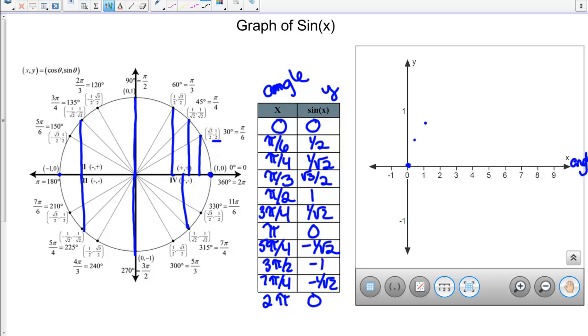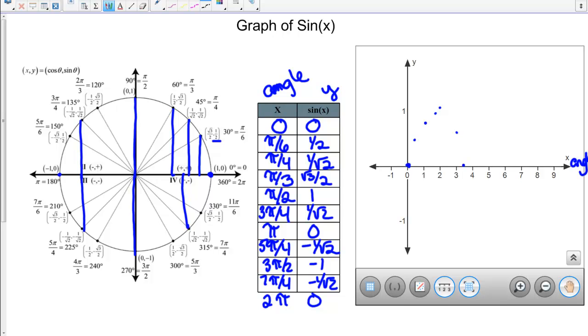At pi over 3, we have square root of 3 over 2. At pi over 2, we have 1. And then we're going to start going down. At pi, we're at 0.